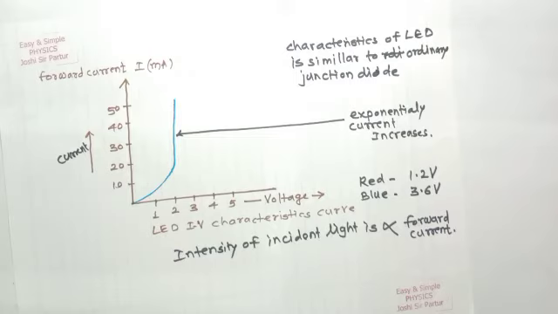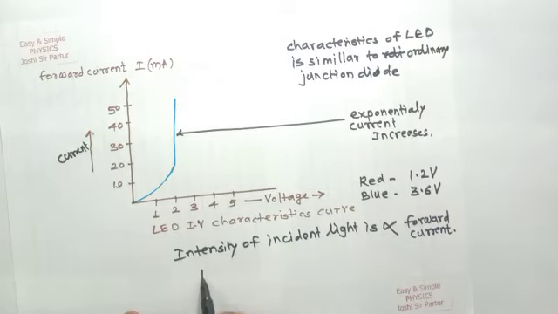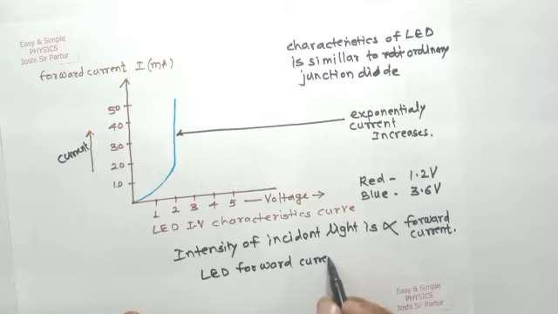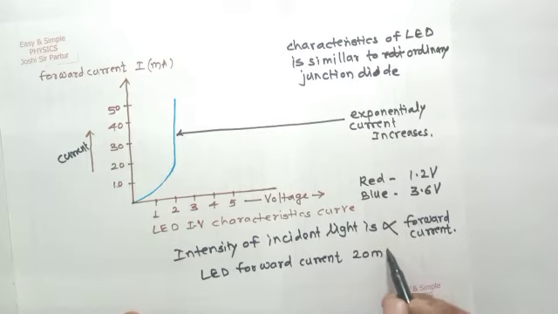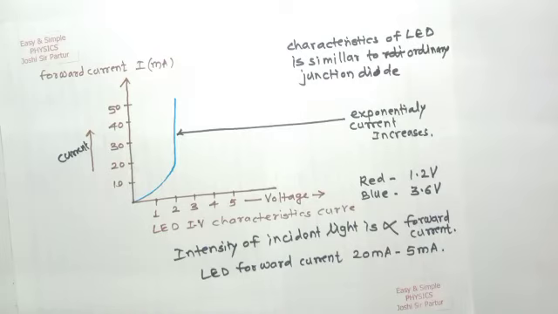So for the operation of LED, forward current has a range of 20 milliampere to 5 milliampere.